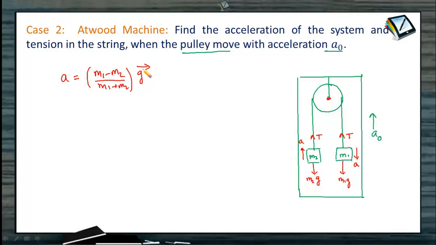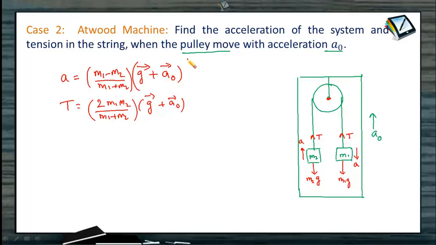Now we can write this in vector notation as G vector plus A0 vector, and the tension in the string as 2 M1 M2 divided by (M1 plus M2) into (G vector plus A0 vector).